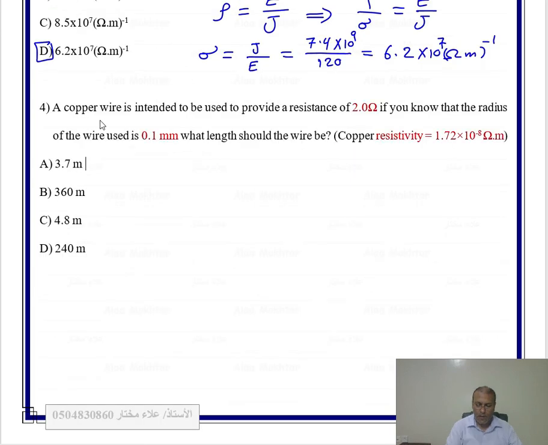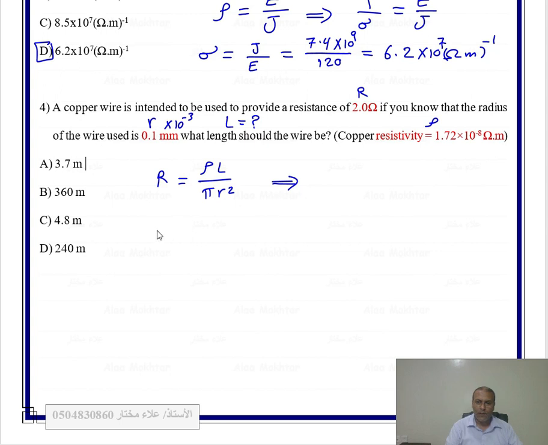Question 4. A copper wire is intended to be used to provide a resistance R. If you know that the radius of the wire is in millimeters, multiply by 10 to the negative 3. What length, L unknown, should the wire be? And we have resistivity, rho. R equals rho L over area, pi R squared.